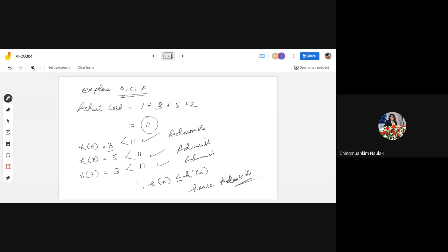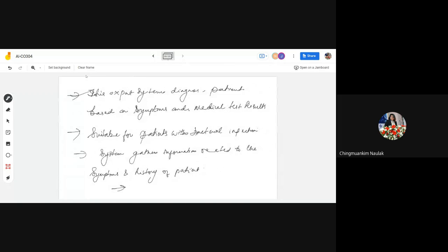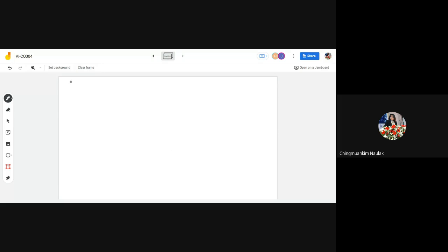Now, after doing all these examples, let's talk about heuristic search technique. Okay.